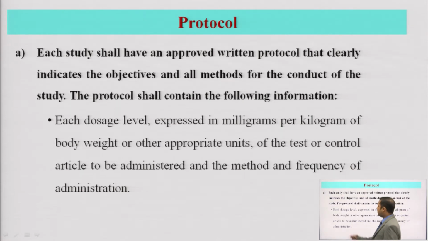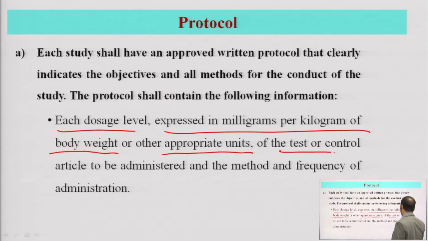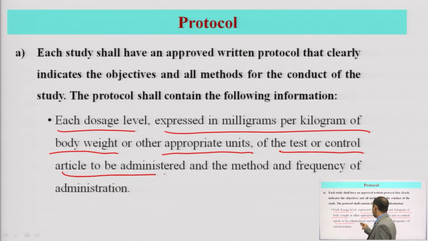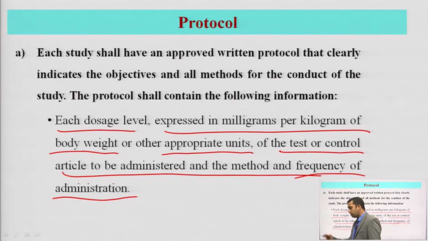Then each dose level, expressed in milligram per kilogram of body weight or other appropriate unit, of the test and control article to be administered, and the methods and frequency of the administration. These things are also very much needed. Okay. How much dose you are actually giving per kilogram weight or appropriate unit, test or control article.